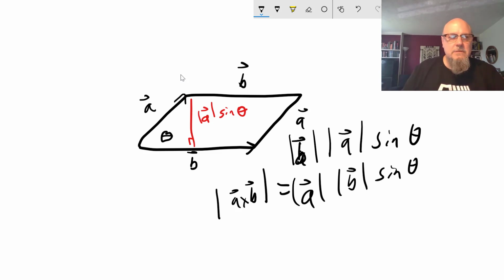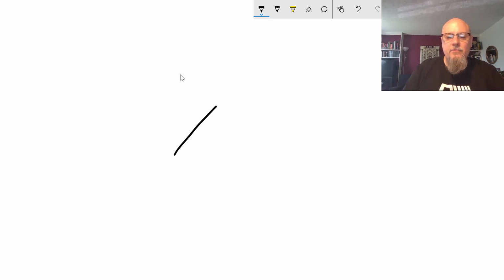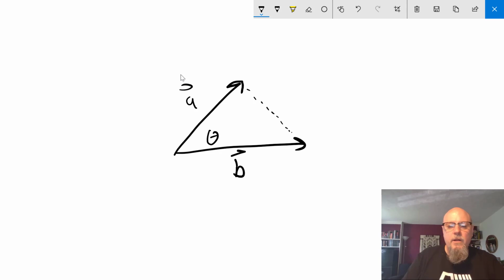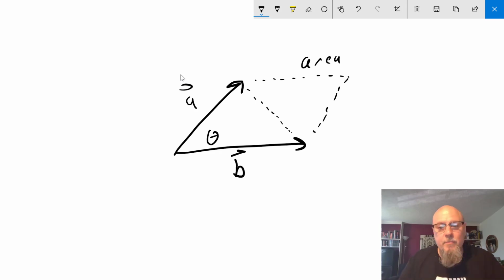Does that ever come up? No, not often. We can even, let's get that in right now. If I have two vectors, call this A, call this B, and I want to know the area of that triangle, well, that area of the triangle is just half the parallelogram.